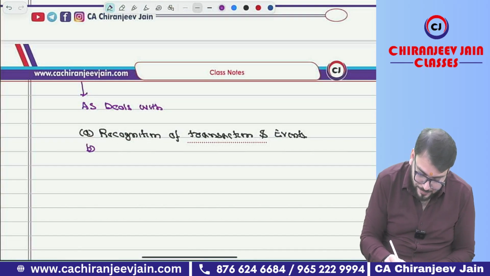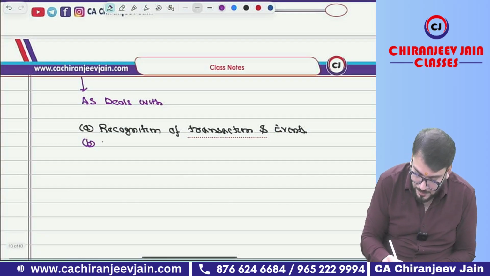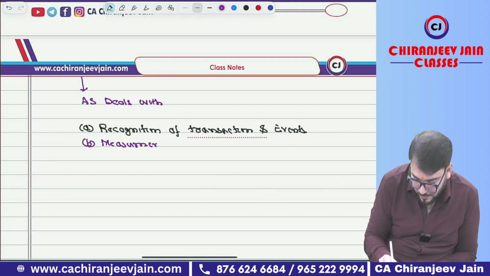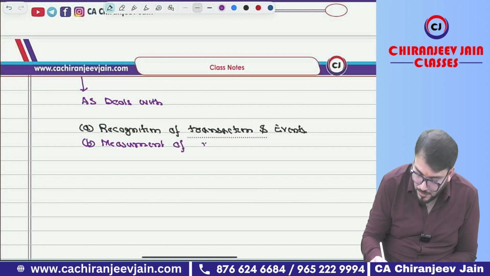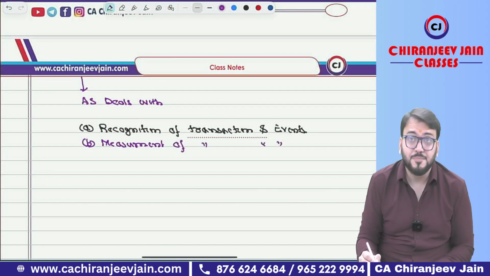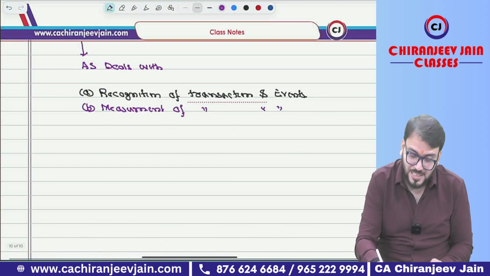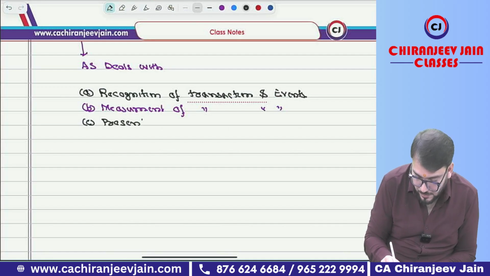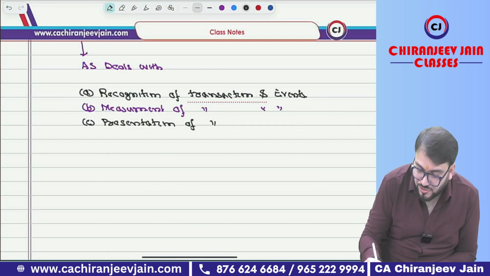Point number B, measurement of transaction event. How to measure that transaction event, at what amount it should be measured. Point number C, presentation of such transaction event.